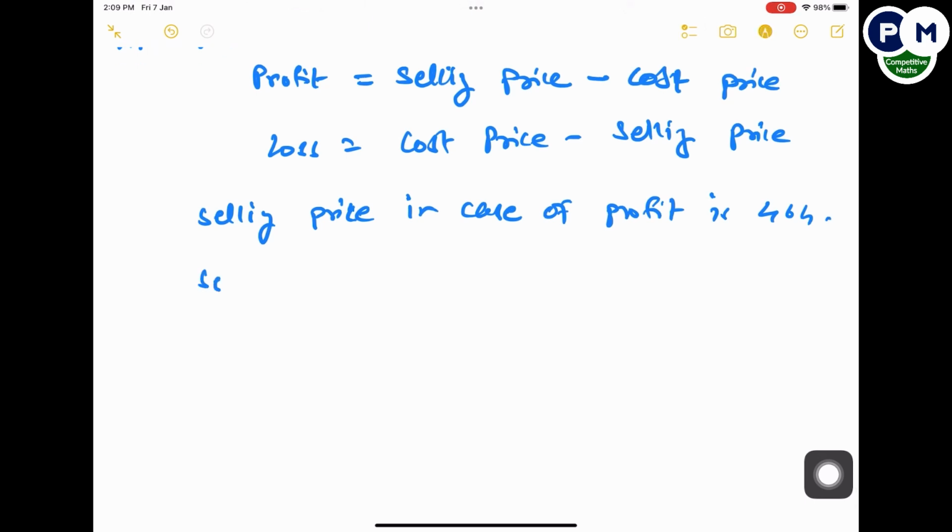Profit equals selling price minus cost price. Loss equals cost price minus selling price. Next, selling price in case of profit is $464. Selling price in case of loss is $436.